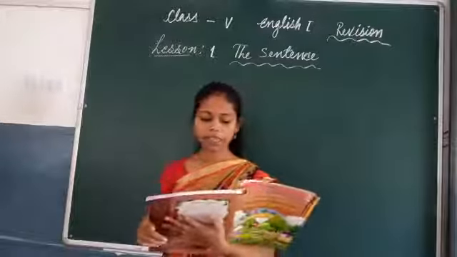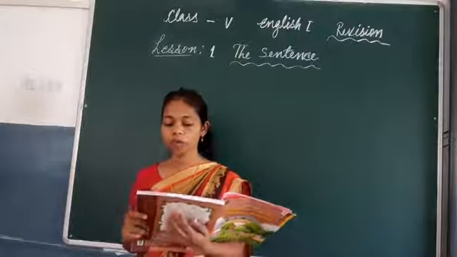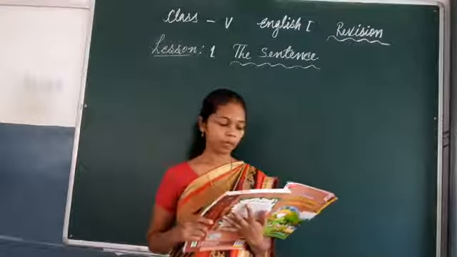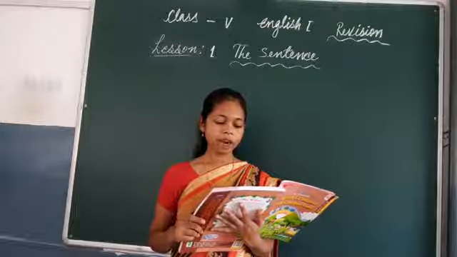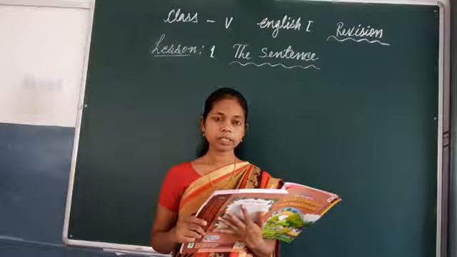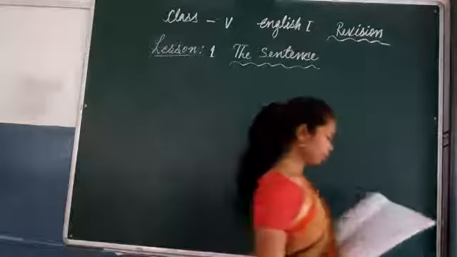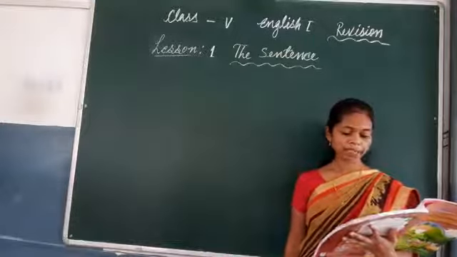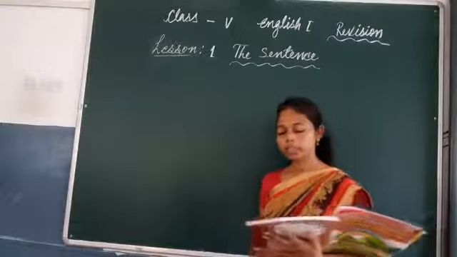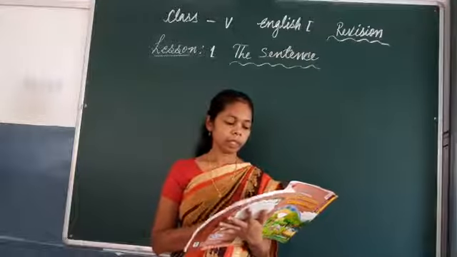Now read each sentence once again and ask the question what or who after the verb, the doing word. We will get another noun as an answer. Let's read here. Radharani plays what? Cricket, the second noun.